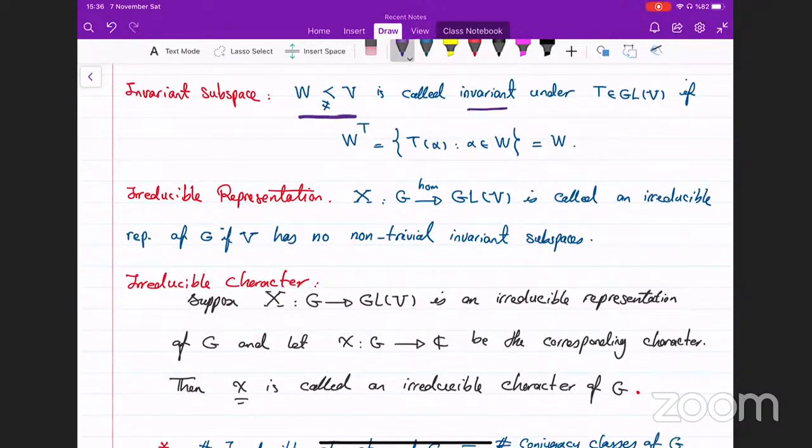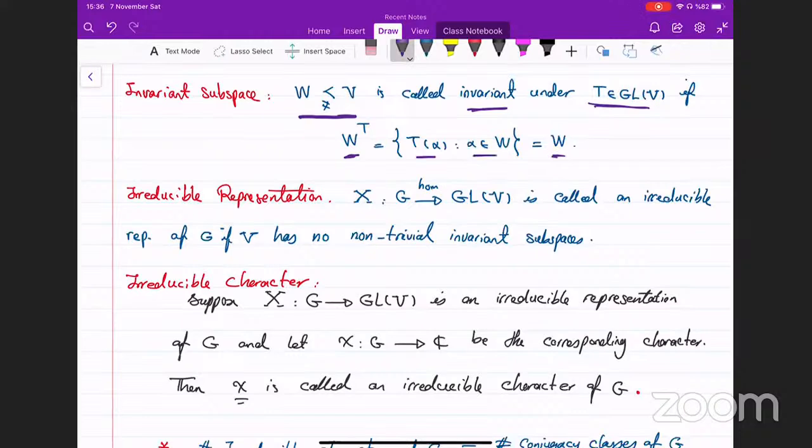This is called invariant under one linear operator T of V if W to the T, what do I mean by W to the T? It means the image of T when you consider the image over vectors of W, it is again W.